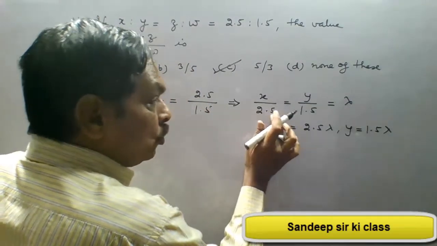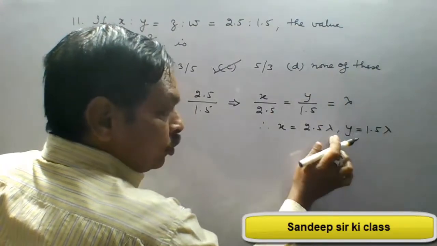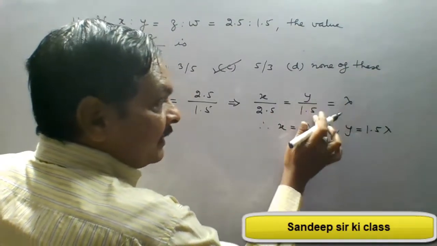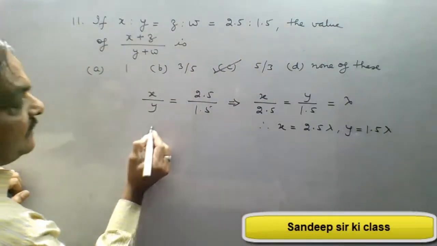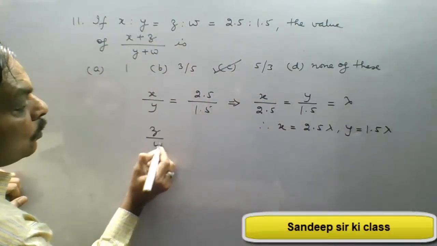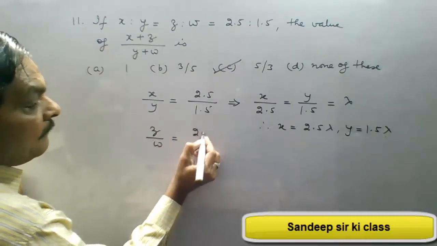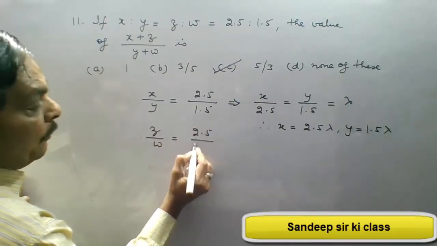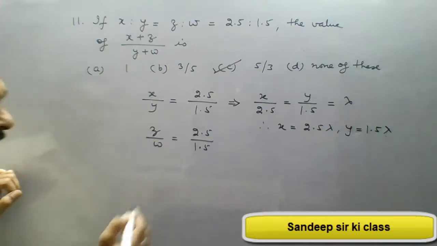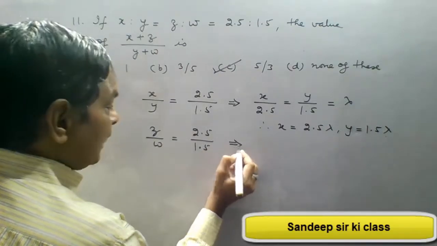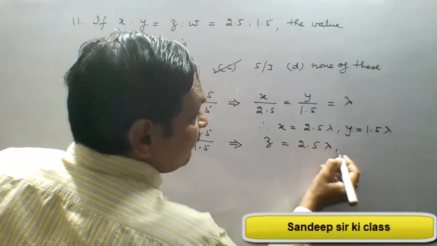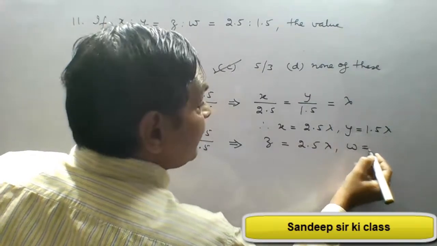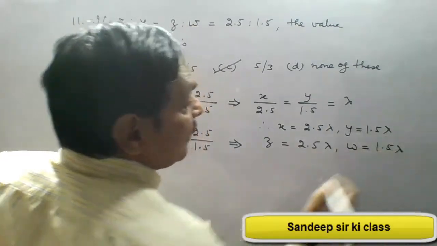Similarly, if Z upon W is 2.5 upon 1.5, Z can be written as 2.5 lambda and W can be written as 1.5 lambda.